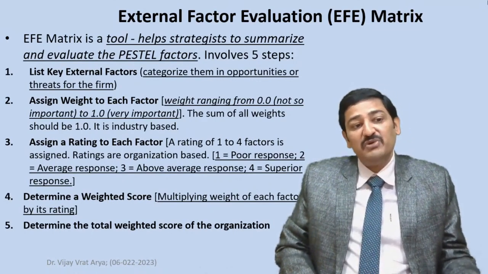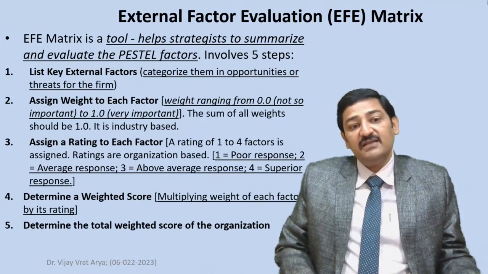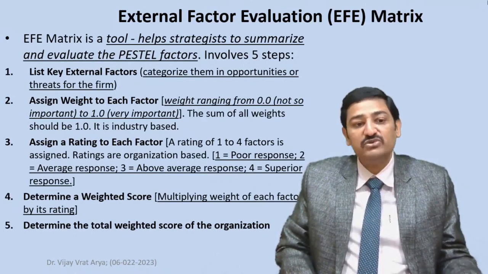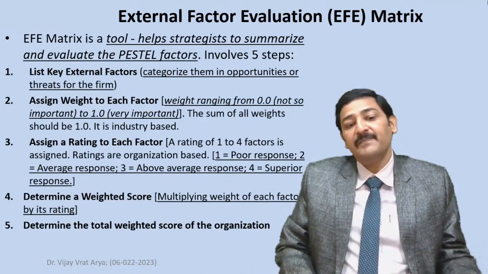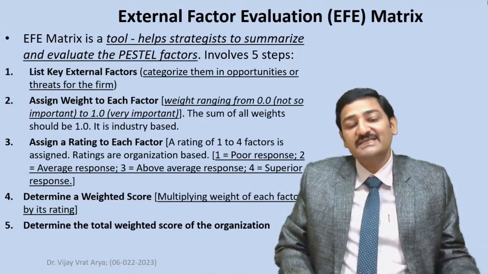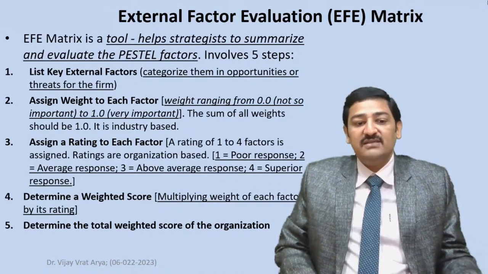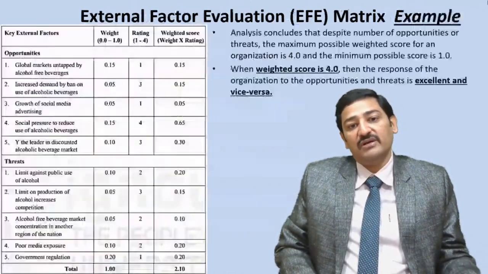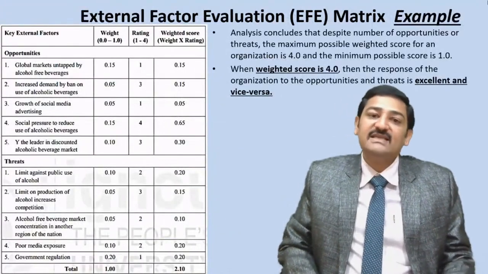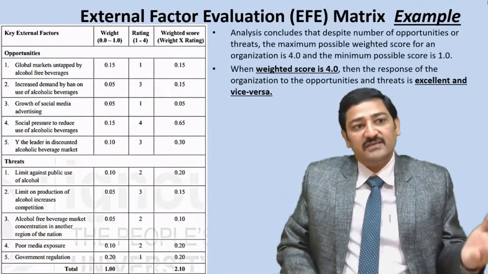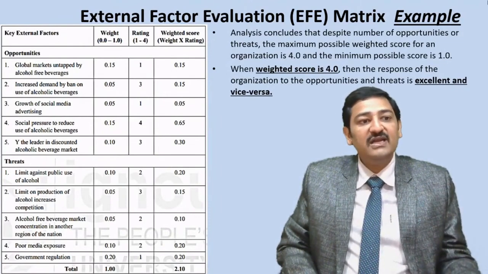So in step number 4, the weight and the rating which we have assigned in these two steps are multiplied together so that the weighted score can be calculated, and based on that the total weighted score of the organization is calculated.